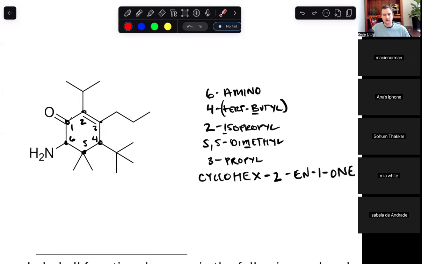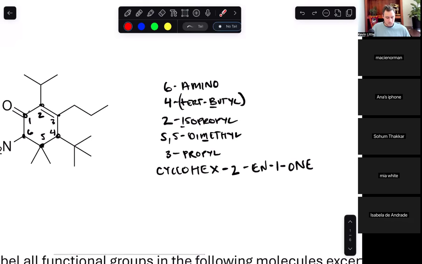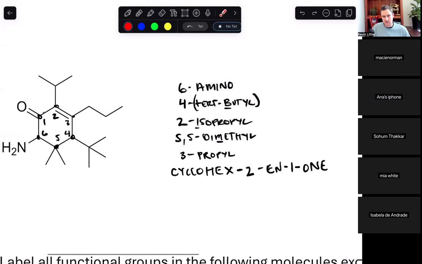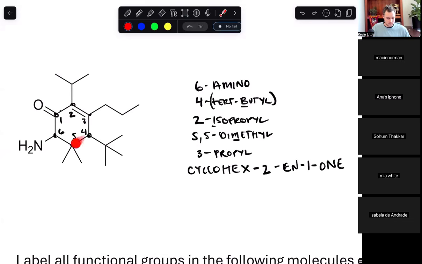I don't know what that means. So once we have all of these listed out, we still have to alphabetize them. So A for amino, B for butyl, 3 isopropyl, M for methyl, propyl. At the end we still have to get all of our prefixes in alphabetical order, but we also have to get the numbering right depending on the lowest total number.